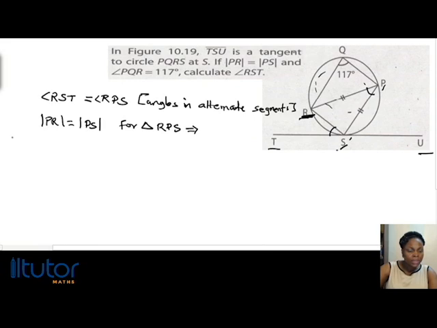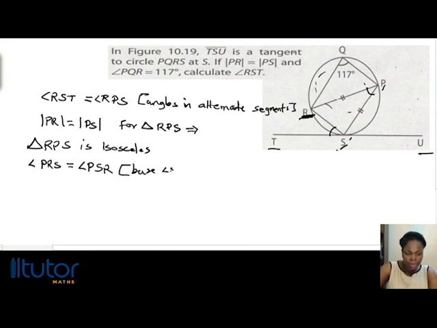Because PR is equal to PS, we now have that angle PRS is equal to angle PSR, and the reason is that they are base angles of an isosceles triangle.